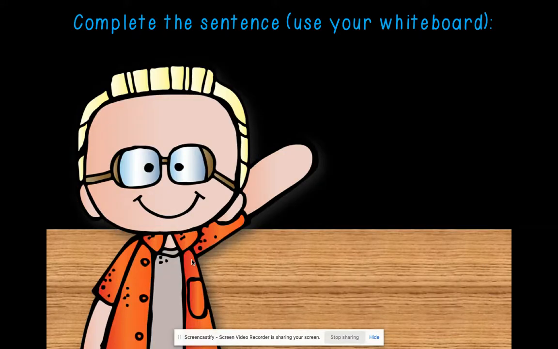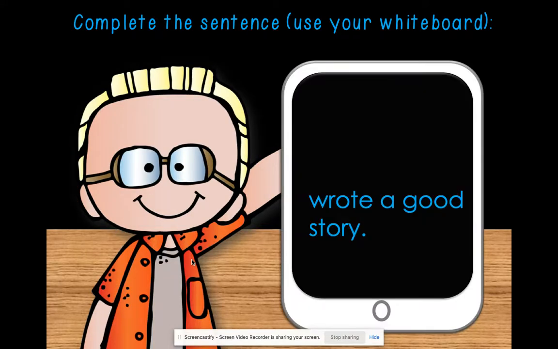Let's do another one. Wrote a good story, period. Who wrote a good story? It's missing a subject. Pause the video and complete the sentence. Who or what wrote a good story? You tell me.